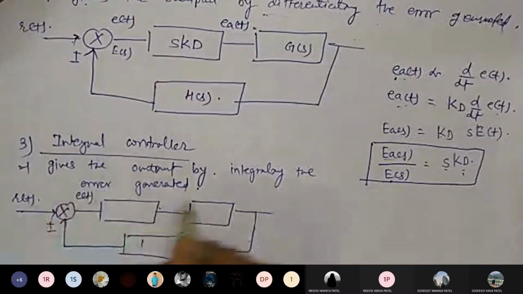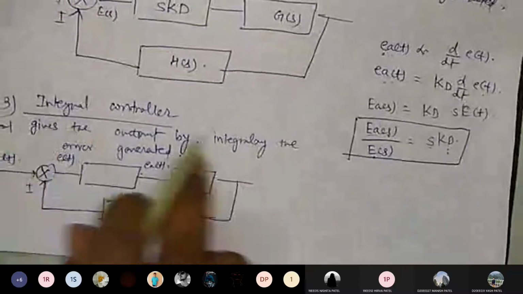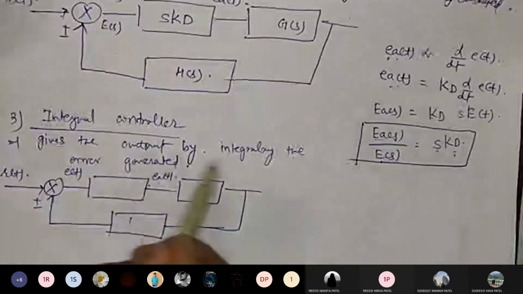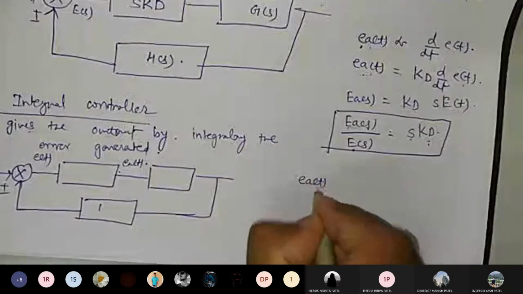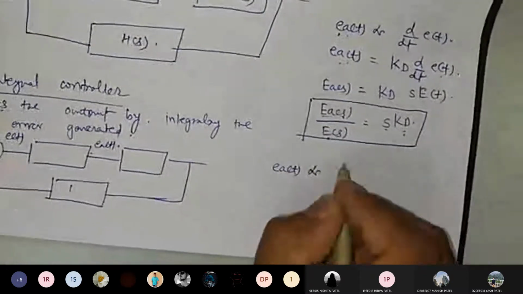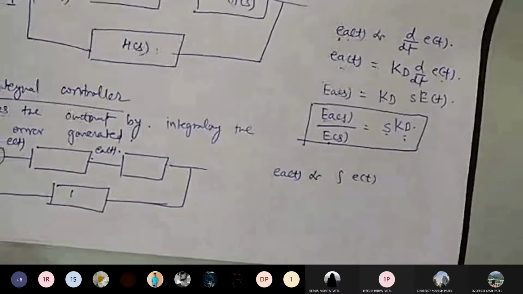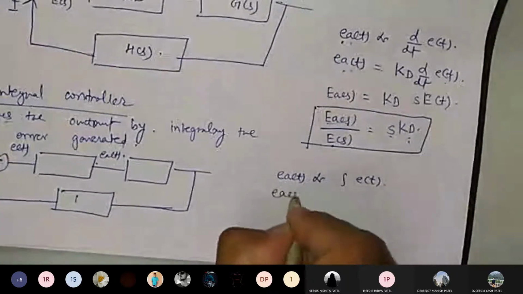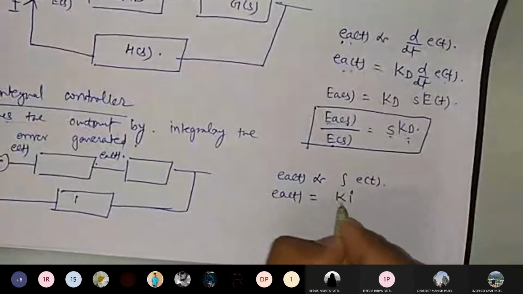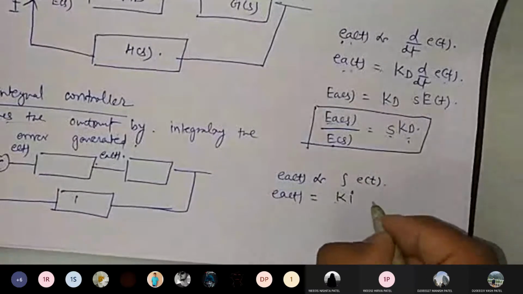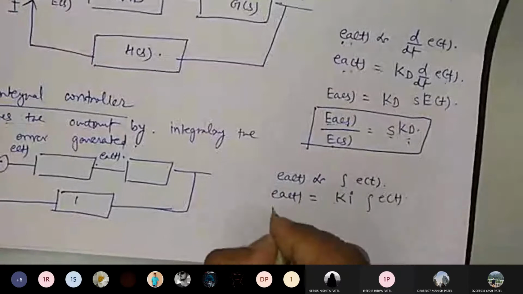It will be E of t, Ea of t. So what is our statement? It gives the output by integrating the error generated. So your output Ea of t is proportional to the integration of the error generated. Ea of t is equal to, let us say, Ki, the integration constant, times the integration of the error generated. I want to find the Laplace.